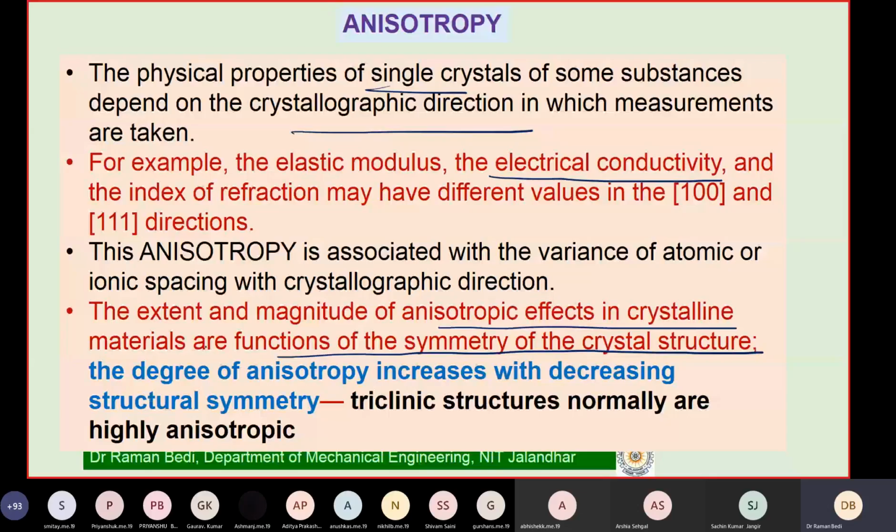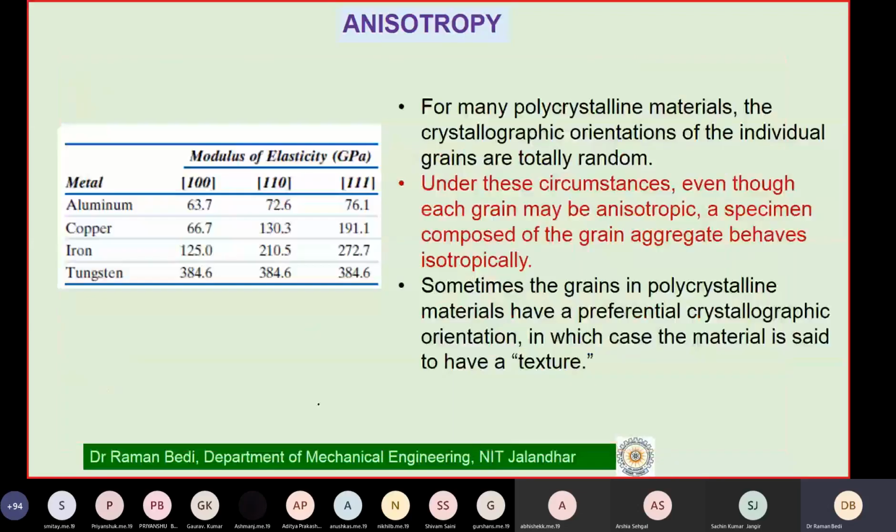The degree of anisotropy observed in single crystals, keep it in mind, single crystals, increases with decreasing crystal symmetry. Less symmetric means more anisotropic. More symmetric means cubic, less anisotropic. So triclinic, which is on the other end, is very less symmetric. They are highly anisotropic as far as single crystals of these materials are concerned.